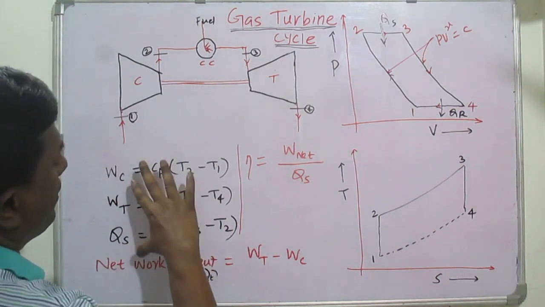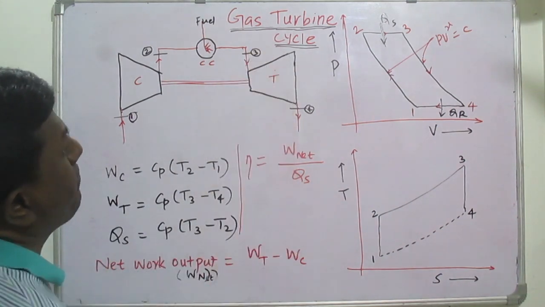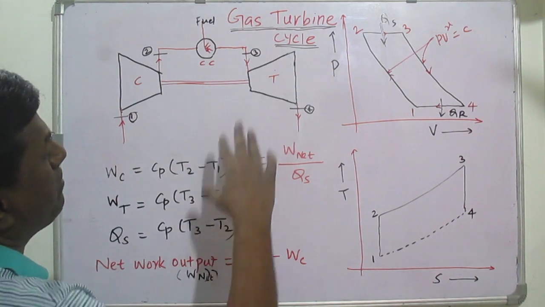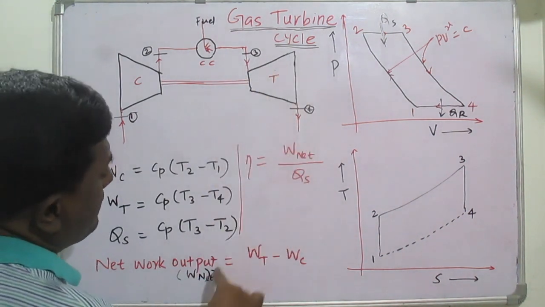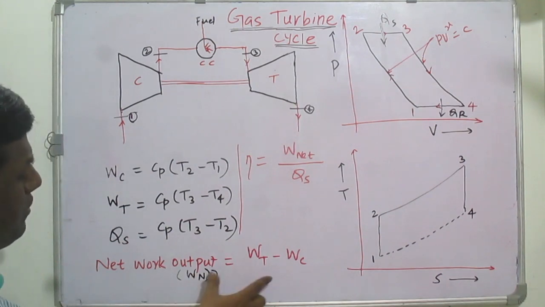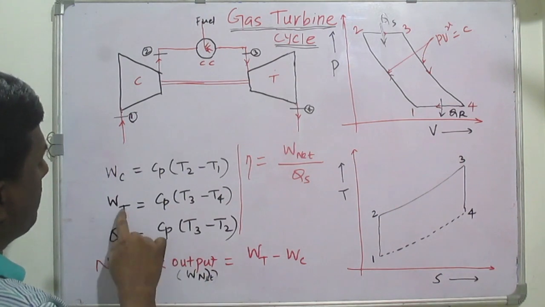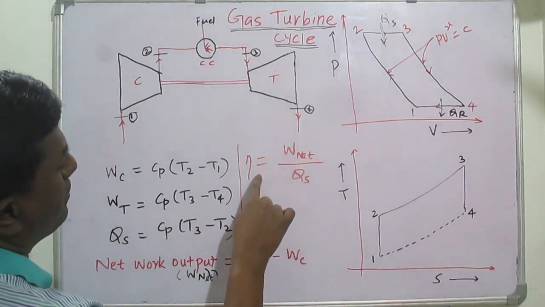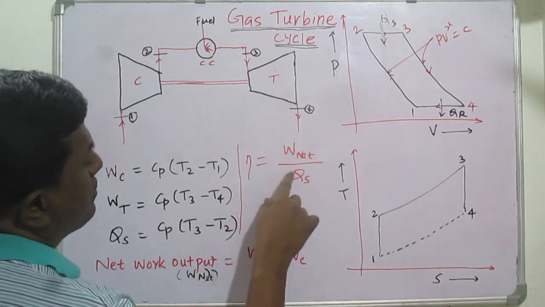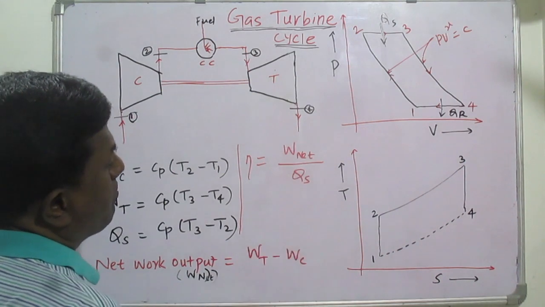We are going to use this for deriving the gas turbine cycle efficiency. The net work output is the turbine work minus the compressor work, and the efficiency formula is the net work divided by the heat supplied.